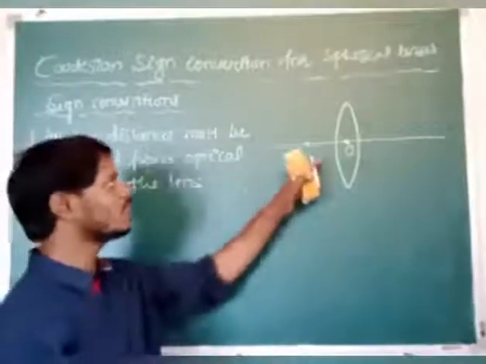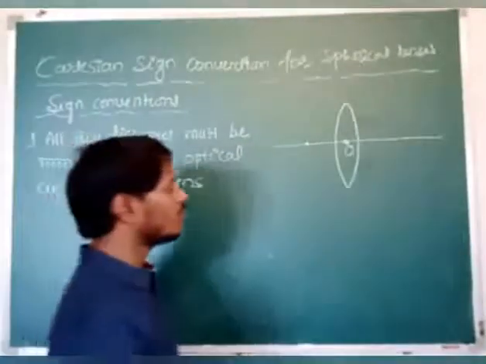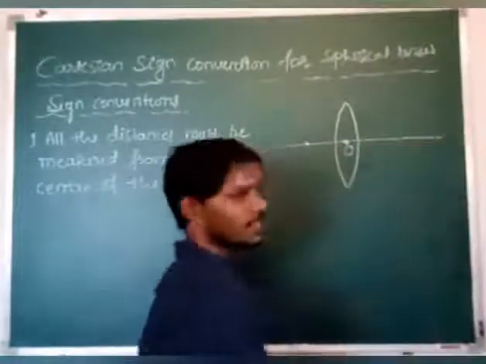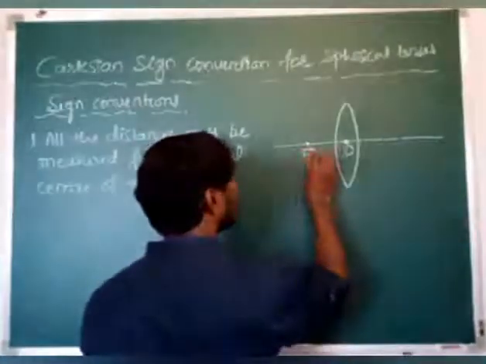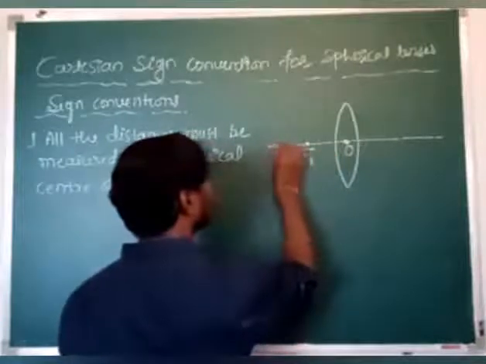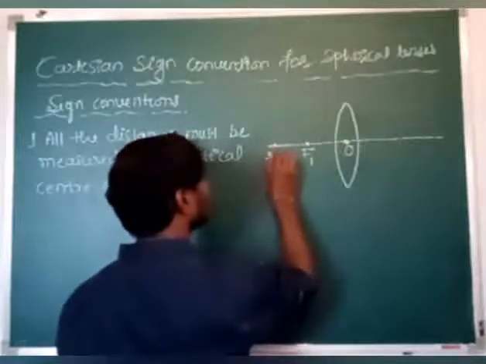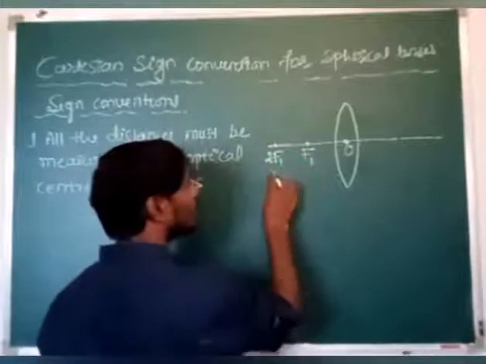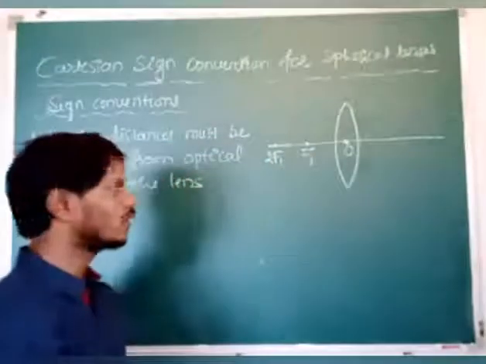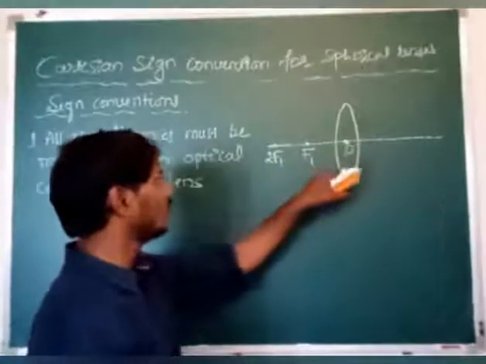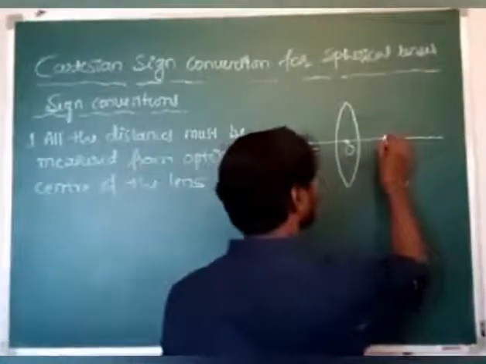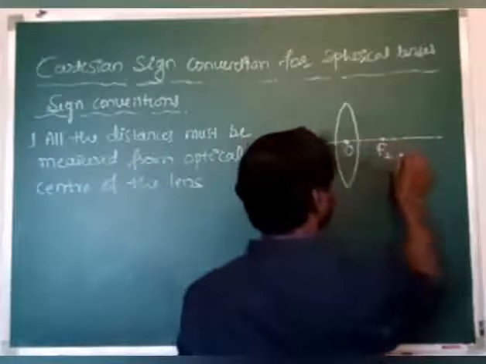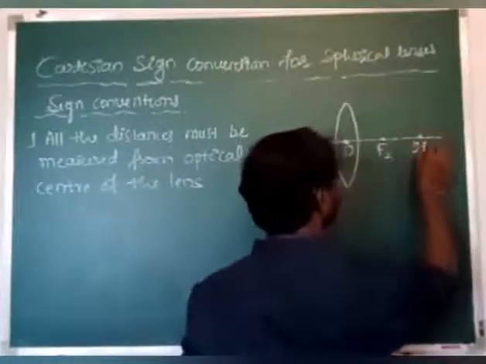One focus is on the side of the object, another on the side of the image. I will take f1 and 2f1, which is twice the focal length. Then on this side again f2 and 2f2.